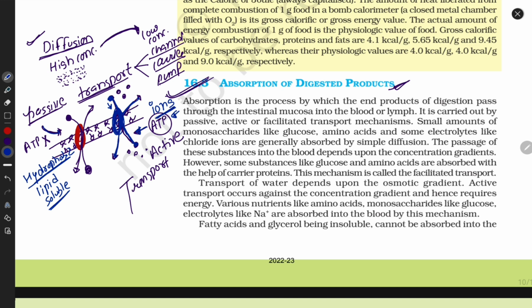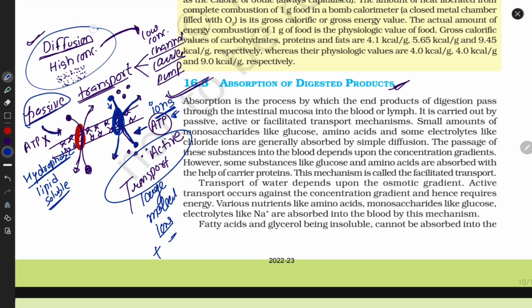But ions and large molecules, ions meaning cation and anion, require ATP for going outside and going inside. Okay, so passive transport is clear, active transport is clear, and diffusion is clear. With the help of these three processes the food can be absorbed, guys. So this is the factor we should clear: what is passive transport, what is active transport, and what is diffusion.